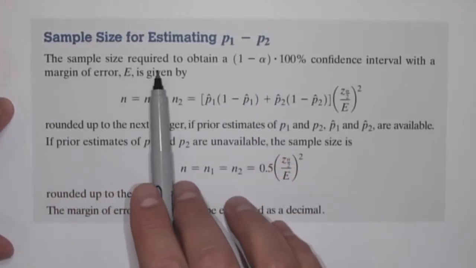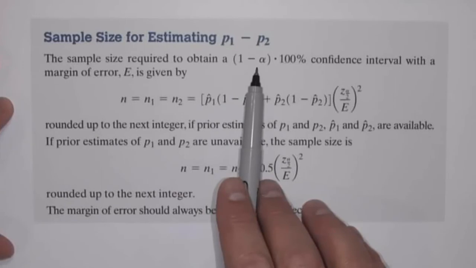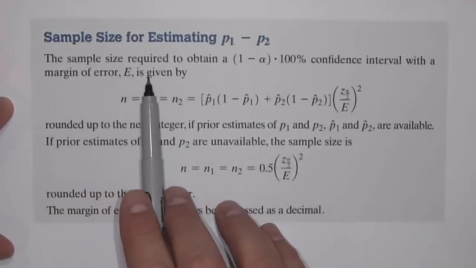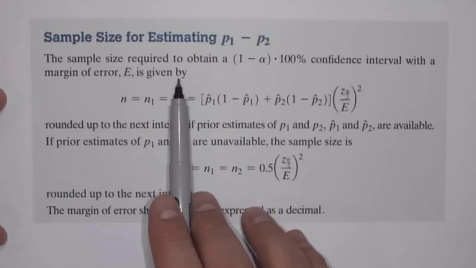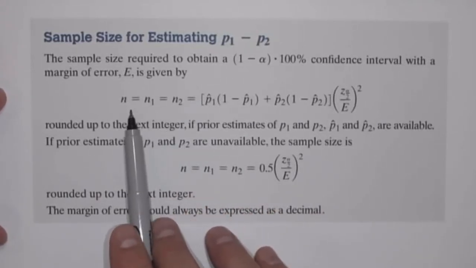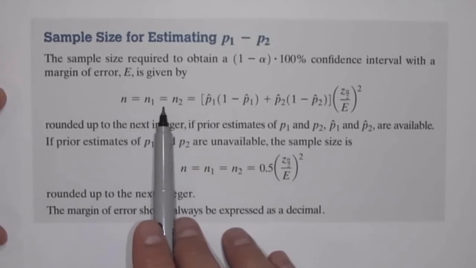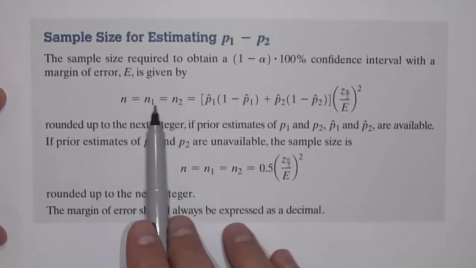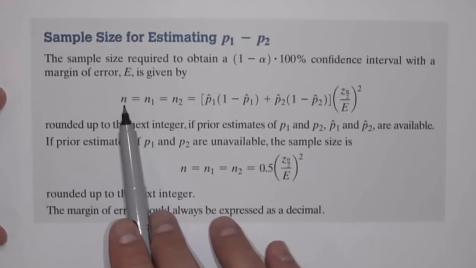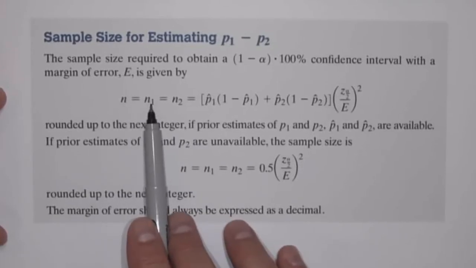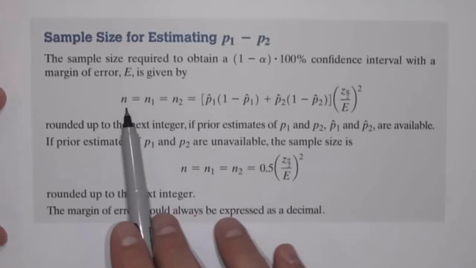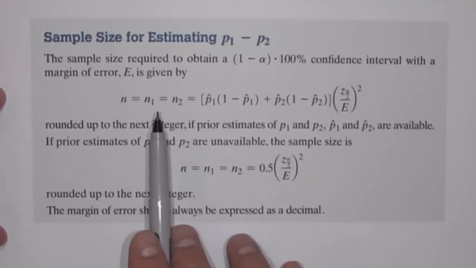So the sample size required to obtain a 1 minus alpha times 100% confidence interval with a margin of error E is given by n equals n1 equals n2. So what this means is that we're going to assume that the two sample sizes are the same thing, and we're going to just call that n. So we wouldn't have one sample size, say, being 100 and another one being 120. They're both going to be the same size.